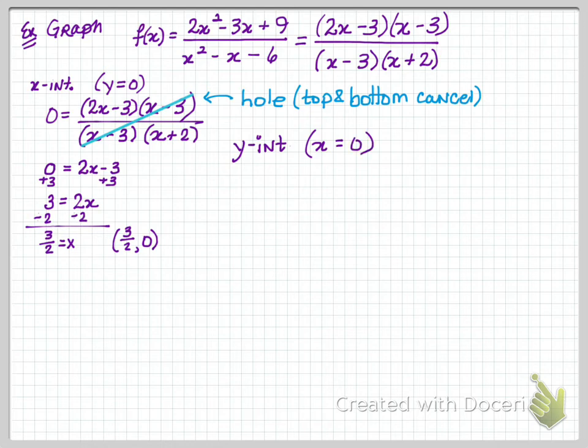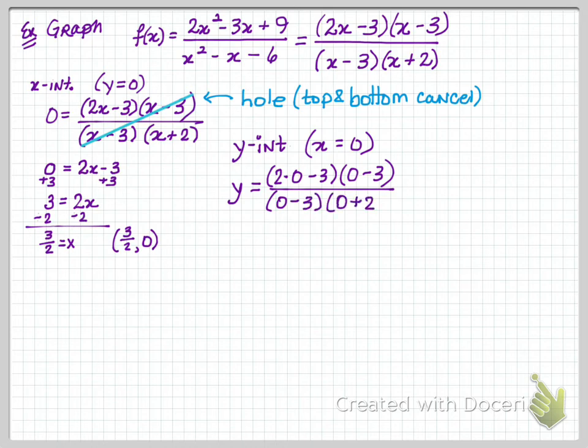So I'm going to replace every single x with 0. So 2 times 0 minus 3 times 0 minus 3, all over 0 minus 3 times 0 plus 2.